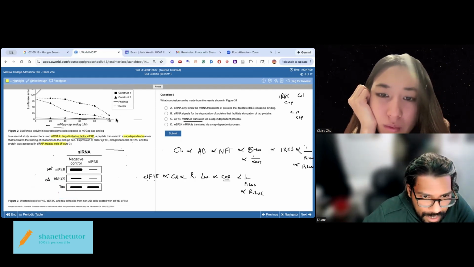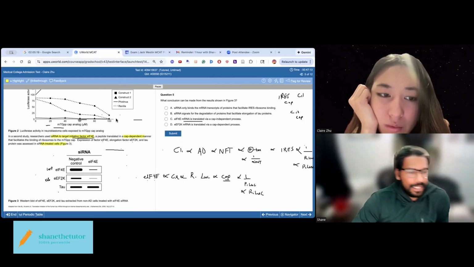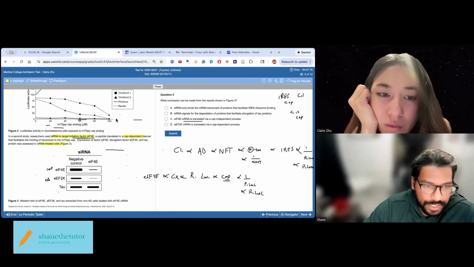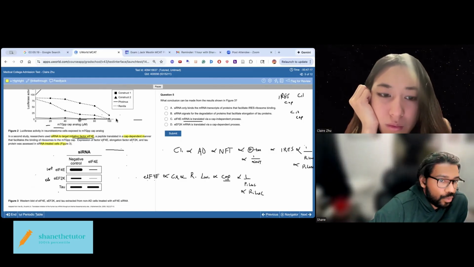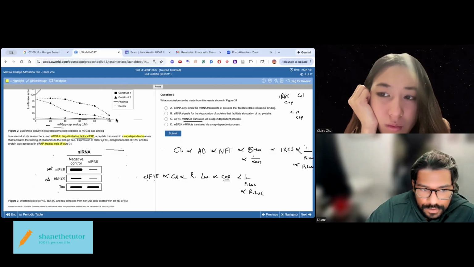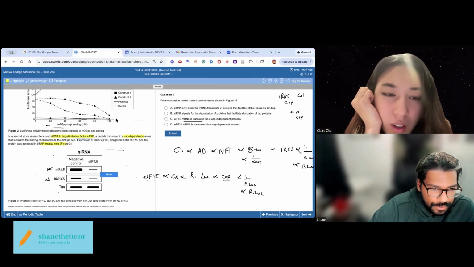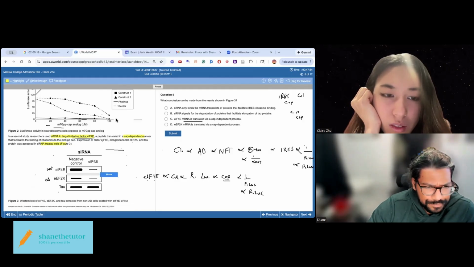Okay, so if the ELF4E contributes to binding to the cap, and you essentially got rid of that, you should not have initiation happen, right? So this thin band here makes sense.